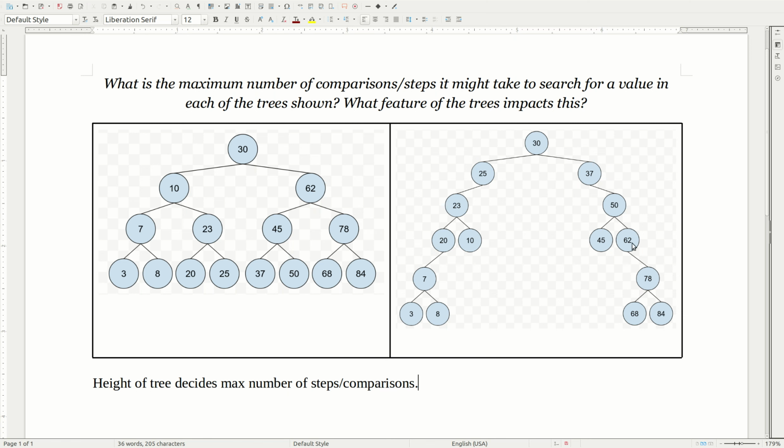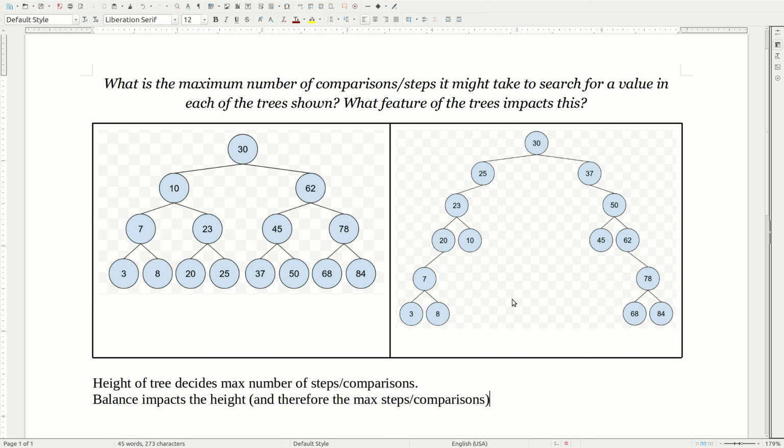I would not necessarily have to add a level in the other tree because there are empty spaces. 25 has a left child, but no right child. 10 has no children and is not at the very bottom level. 20 has a left child, but no right. 62 has a right child, but no left. And so whether the tree is filled out in this way is important. We refer to this as balance. So balance impacts the height and therefore the max number of steps or comparisons.